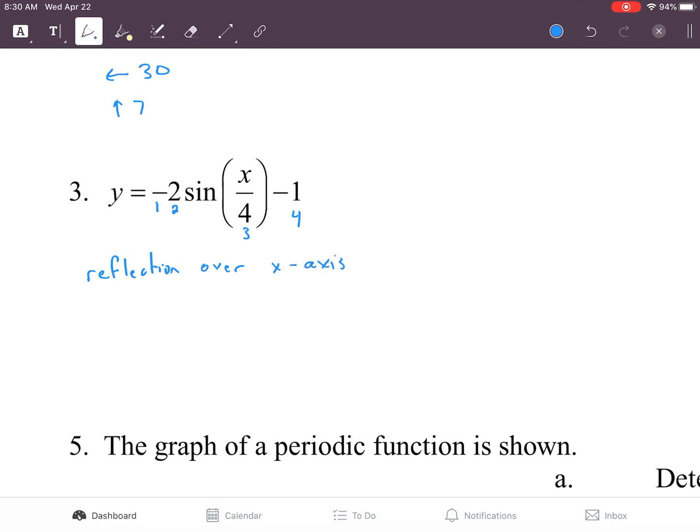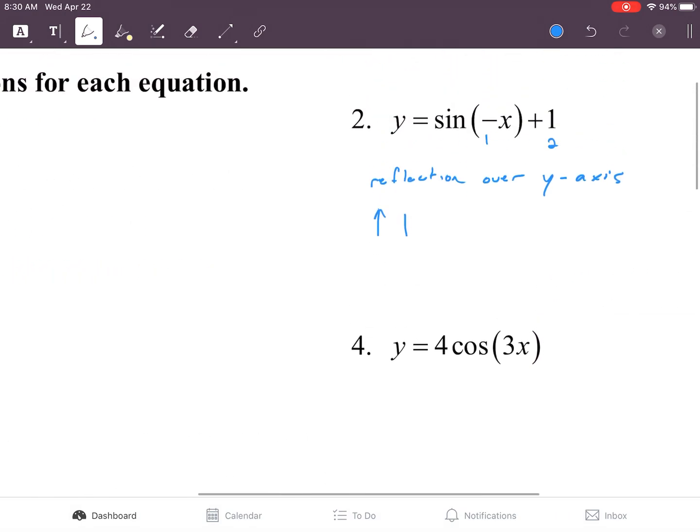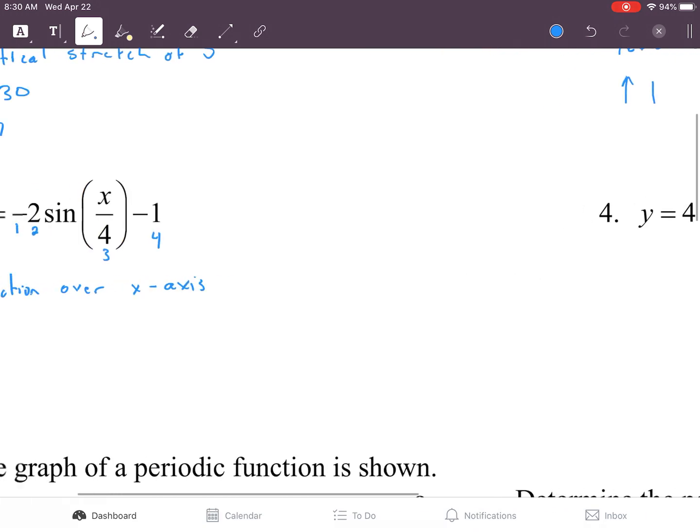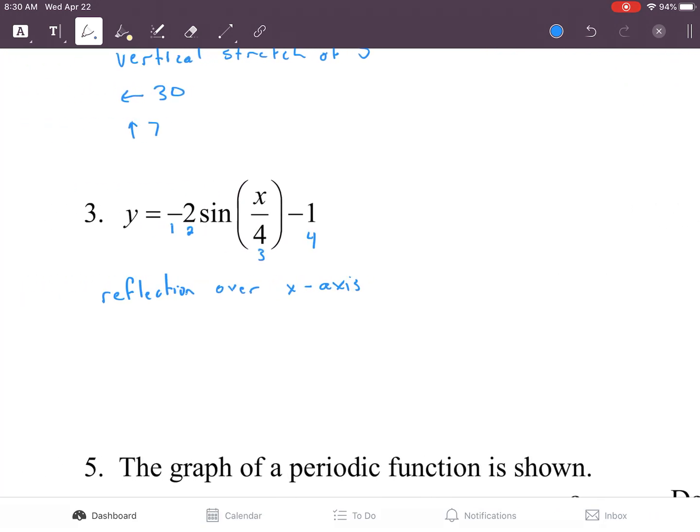All right. Unlike the last one in number 2, where we were going over the y-axis. Notice that in number 2, the negative sign is inside the parentheses, and number 3, the negative sign is on the outside. Number 2 is a 2, and that is a vertical stretch of 2.